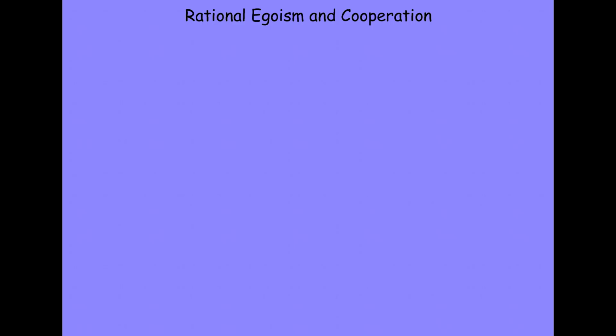In this lecture, covering the chapters from Ridley's The Origin of Virtue, we're going to look at arguments that rational egoism will produce cooperative behaviors. And we'll look at two converging lines of research that Ridley discusses: research in biology and animal behavior, and research in game theory, mathematics, and computer science.